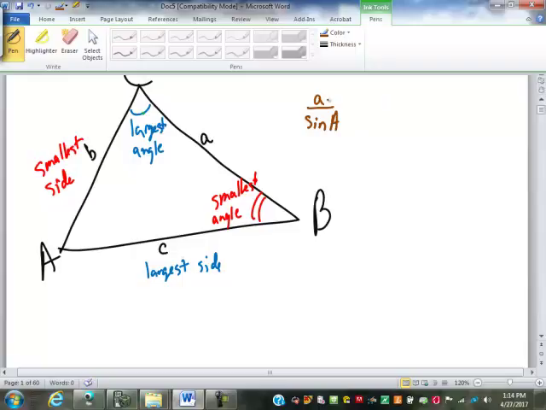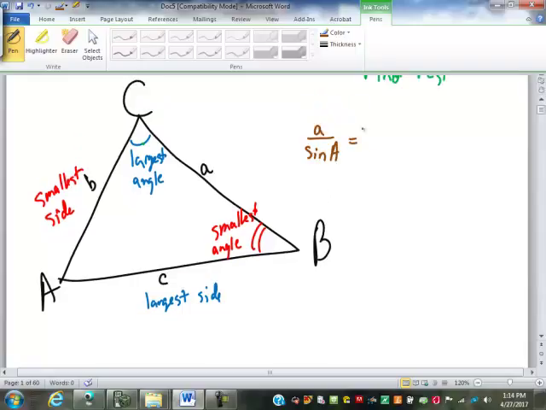That ratio, side A over sine of angle A, just means any side and its opposite angle. That ratio is a constant within a triangle. So within this triangle, little a over the sine of angle A will be equal to the length of side B over the sine of angle B, which will be equal to the length of side C over the sine of angle C.